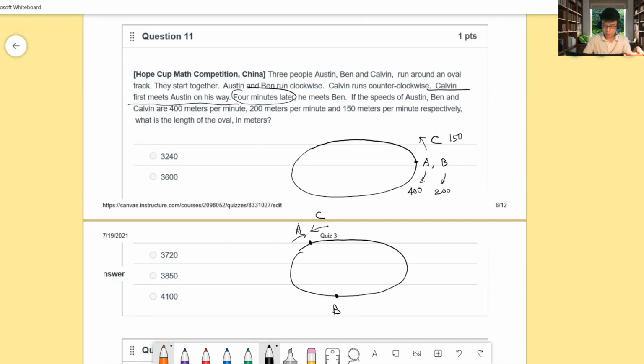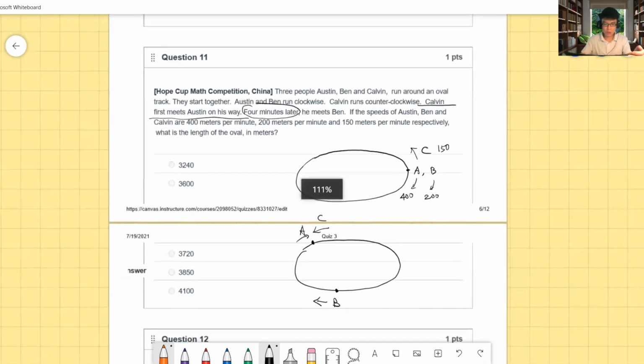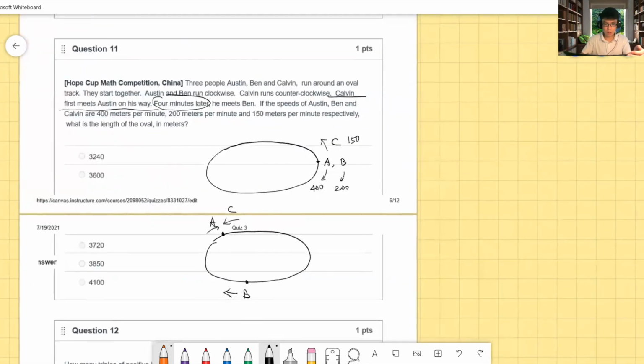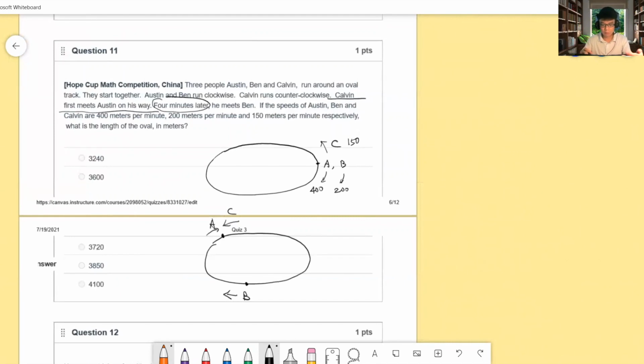So Ben is here, and after 4 minutes, C meets B. So what's the length of the oval track in meters? Here, let's suppose after t minutes, C meets A, and the total length of the track, let's call it D.